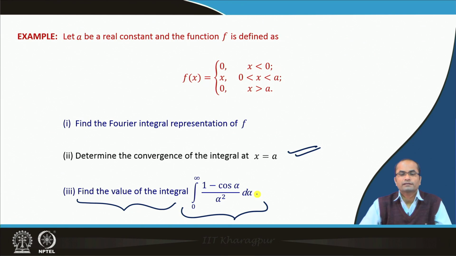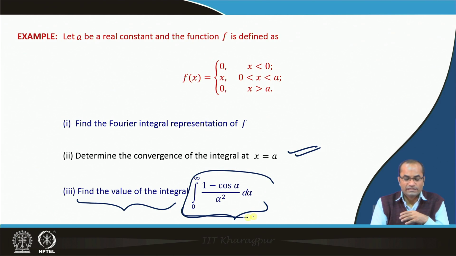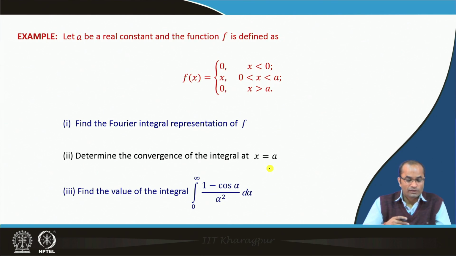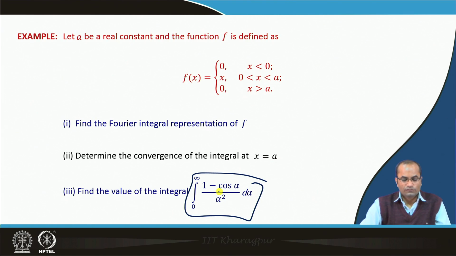Like earlier in the case of the Fourier series, where we could get the sum of a series using the convergence result, now with the convergence result for this Fourier integral representation we will be able to find some integrals which may be very difficult to evaluate otherwise. Here also we will see how to get the value of the integral of (1 minus cos alpha) over alpha squared.